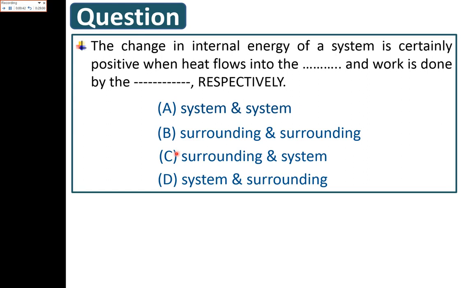So the proper answer here is number D: when heat flows into the system, which means that the surroundings transfer heat to the system, and also when work is done by the surroundings.